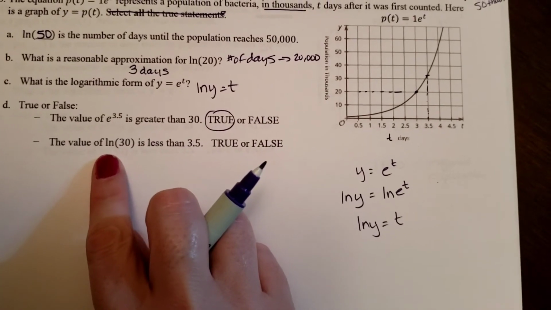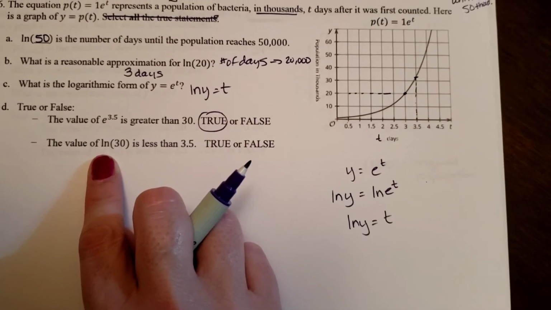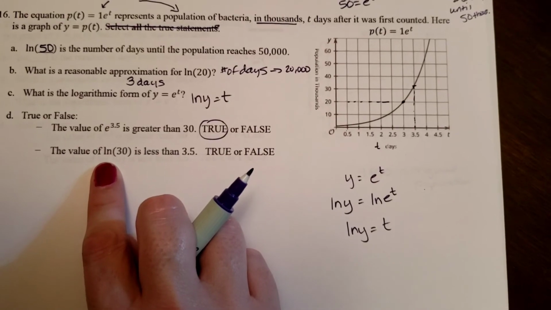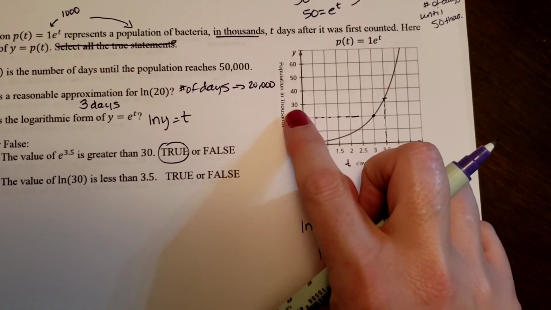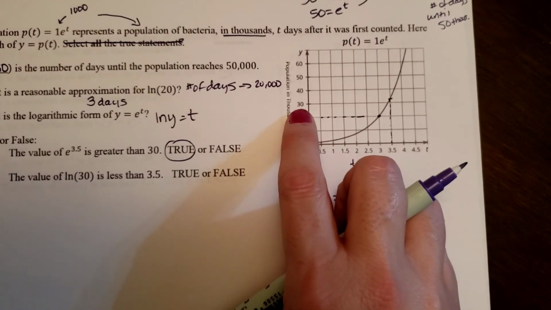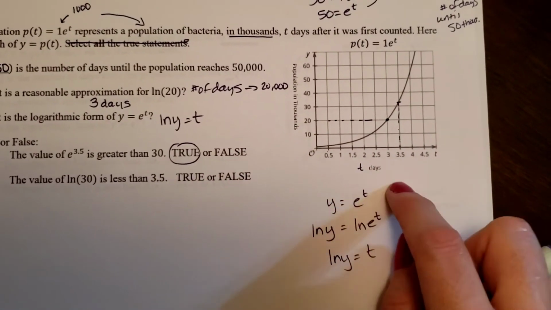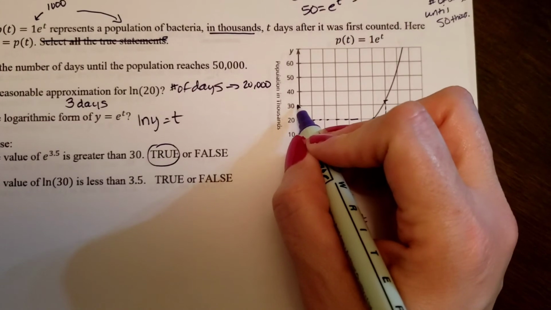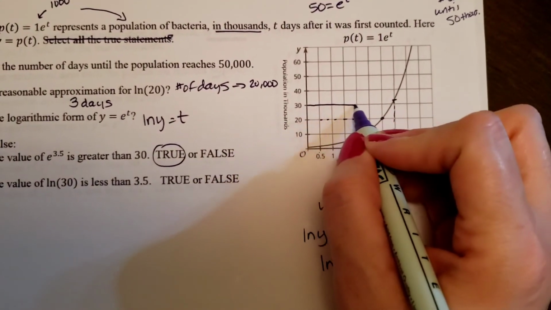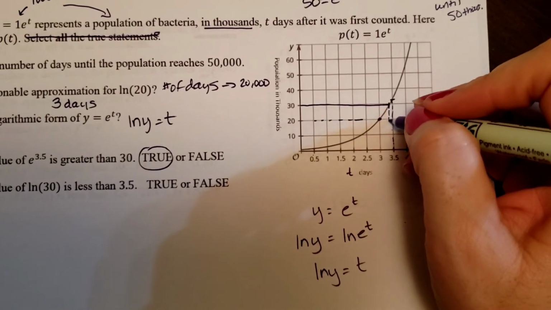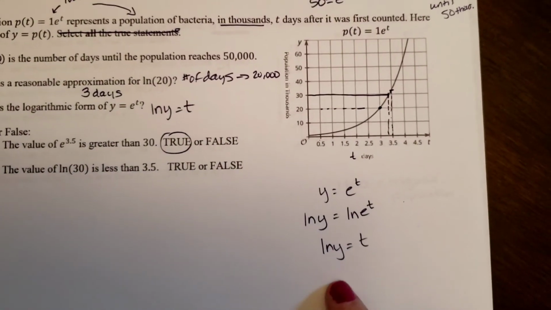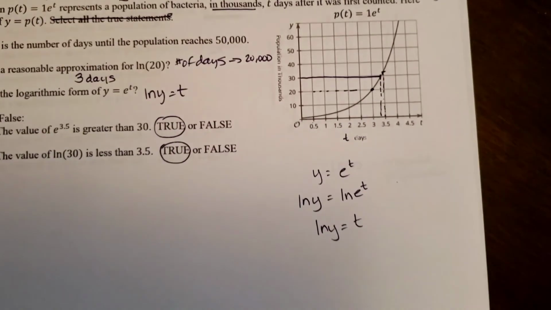The value of the natural log of 30 is less than 3.5. So I want to see when y is 30, what is t? When y is 30, t is right here, slightly less than 3.5, so that statement is also true.